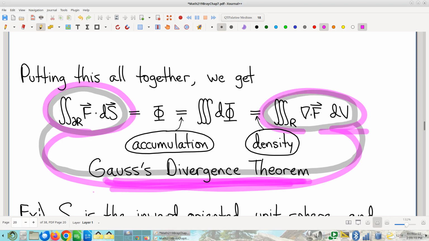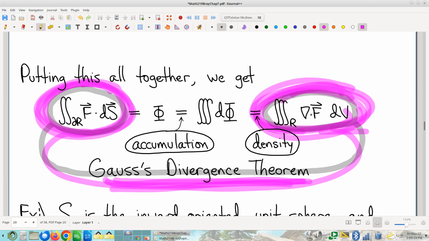It's sometimes called the three-dimensional divergence theorem, sometimes just the divergence theorem. And it just says if you're interested in computing an outward-oriented boundary flux, you can do so by a triple integral over the interior of the divergence of that vector field.